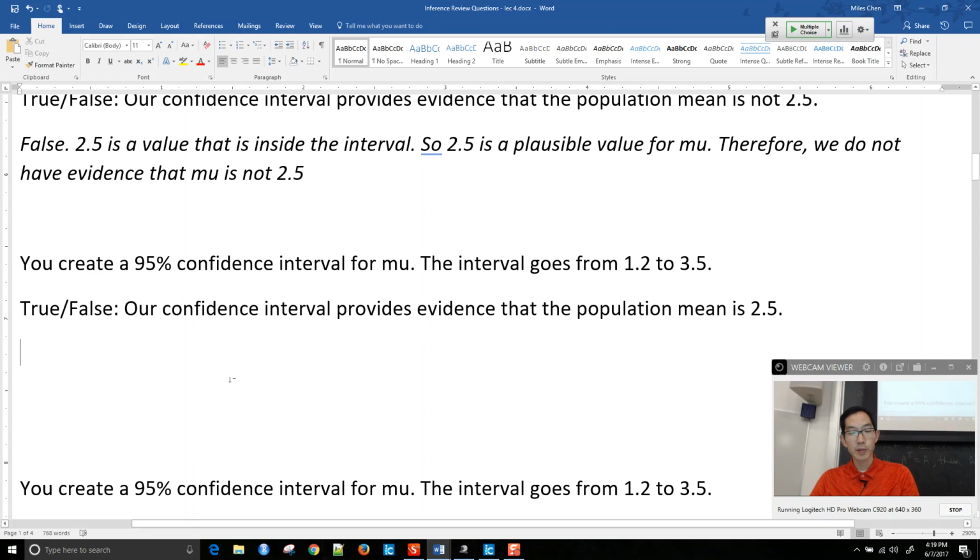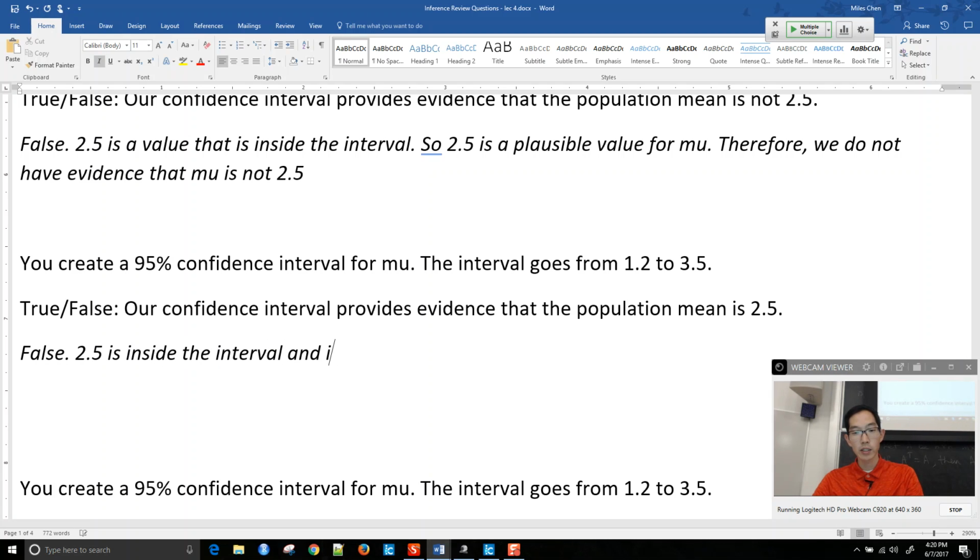Okay, what about this one? You create a 95% confidence interval for mu. The interval goes from 1.2 to 3.5. True or false, our confidence interval provides evidence that the population mean is 2.5. This one is false. 2.5 is inside the interval and is a plausible value for mu.